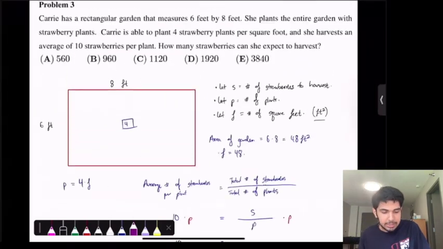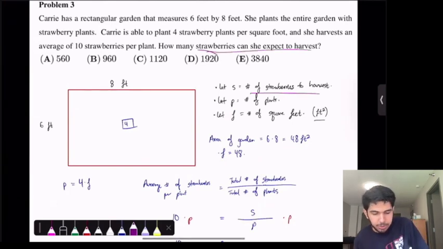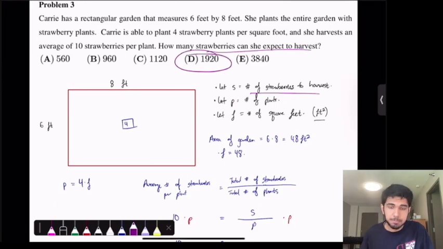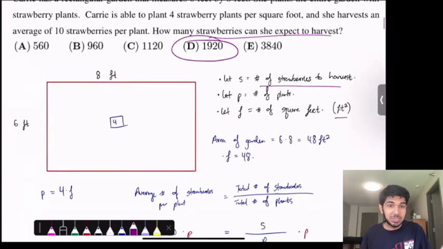Remember, s is the number of strawberries she expects to harvest, and that's what we're asked for in the problem. So our answer will be D. Nice. So again, this problem is similar to the first question we did: defining our variables for these unknown quantities and using what's given in the question to create equations that relate the variables.